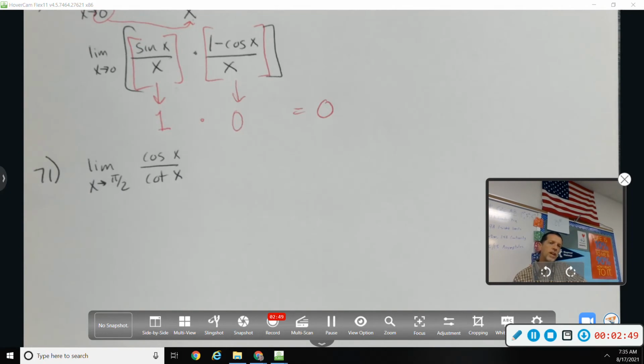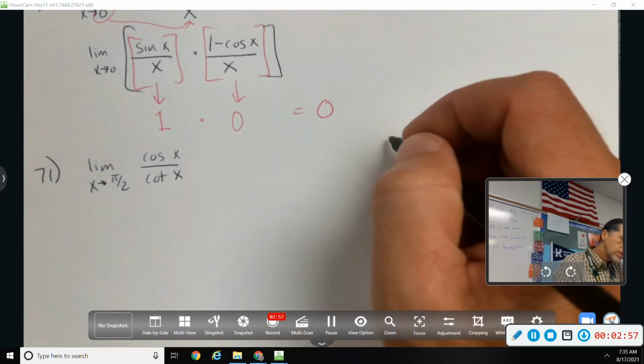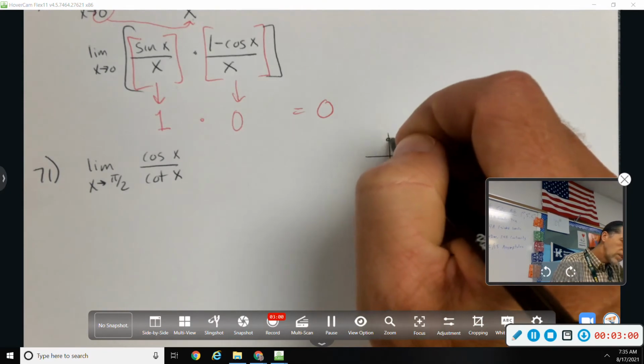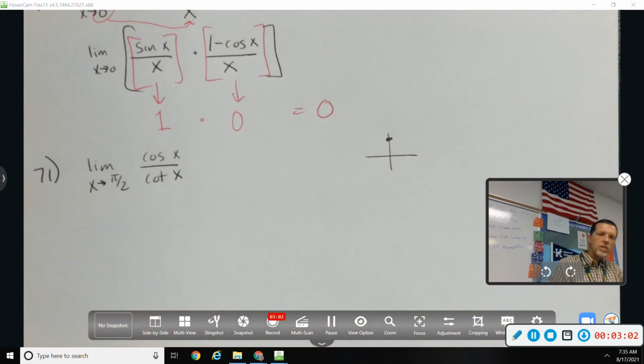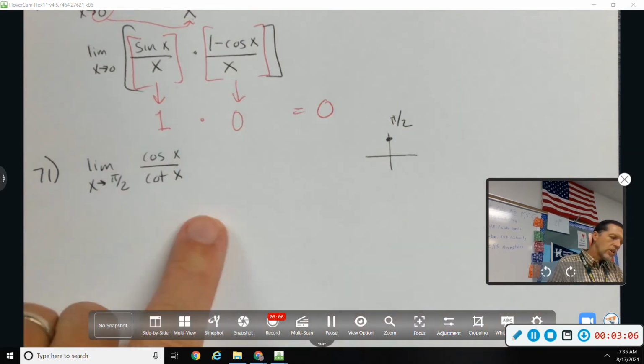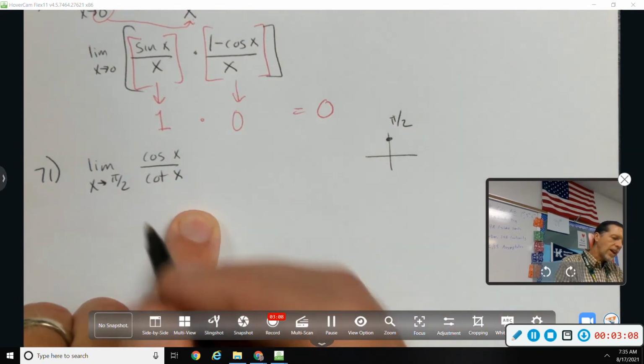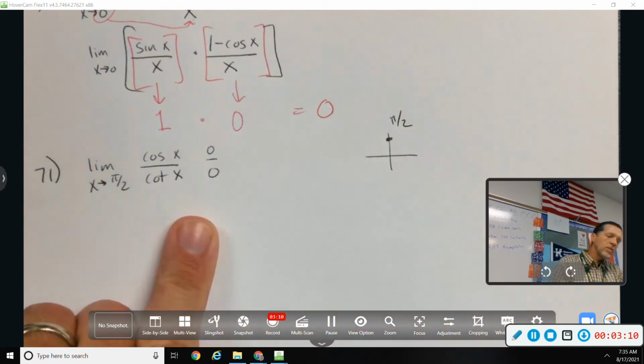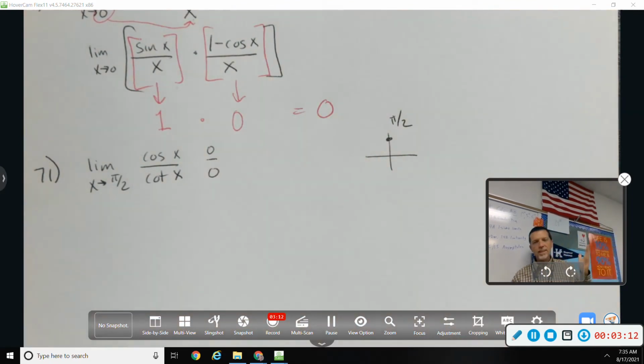I suppose we could substitute first. Cosine of pi over 2 is 0, and cotangent is cosine over sine, so that's 0 too. So this would be 0 over 0, so that substitution didn't work.